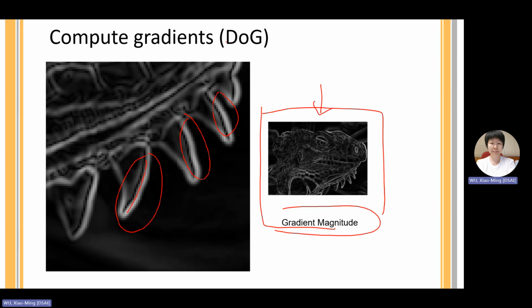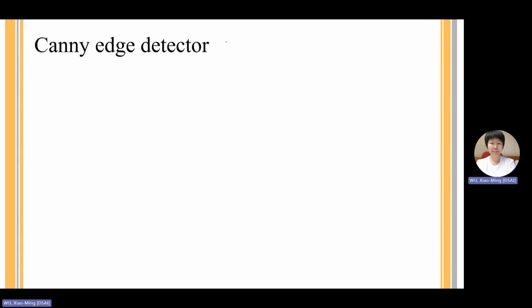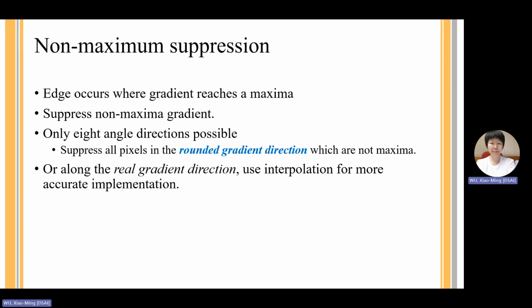So we want to suppress those responses and assure minimal response. That's why we need to do non-maximum suppression, which removes redundant edge pixels by suppressing non-maximal gradient.